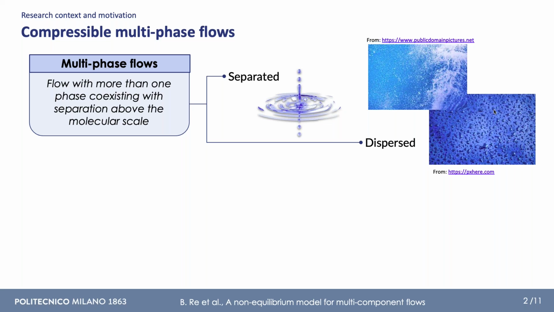And the other assumption is that the components or phases are immiscible. We have, for instance, interface dominated or separated flows where they are clearly separated by interfaces, or we have dispersive flows where we have, for instance, bubbles or droplets in an otherwise continuous field.